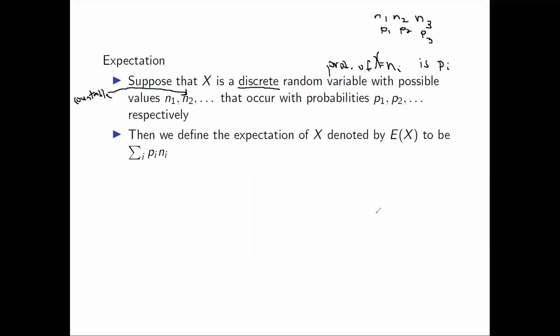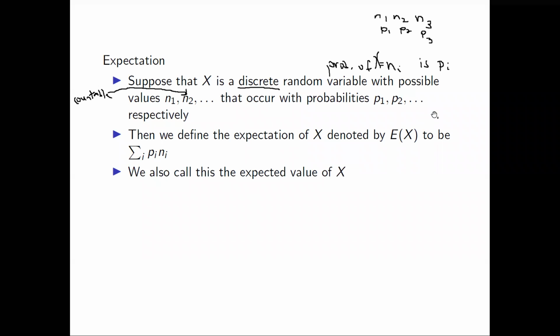And if the list is infinite, then that sum will be from 1 to infinity. Another name for expectation is expected value, and sometimes it's called average, although average is kind of an ambiguous term. Another ambiguous term for it is mean.